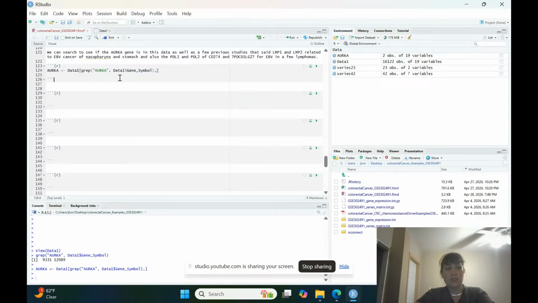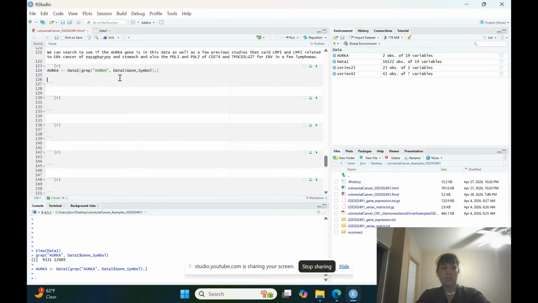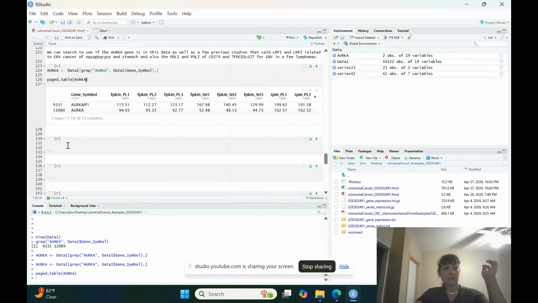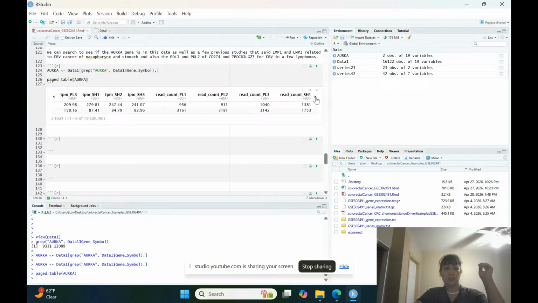And then we'll go ahead and see, we ran all chunks and we had page table. We had the R markdown earlier, so we'll go ahead and use the page table, AURKA. It's only 2 entries. So there's AURKA IP1, and then we have the values. So they knock this out in the SH sample.